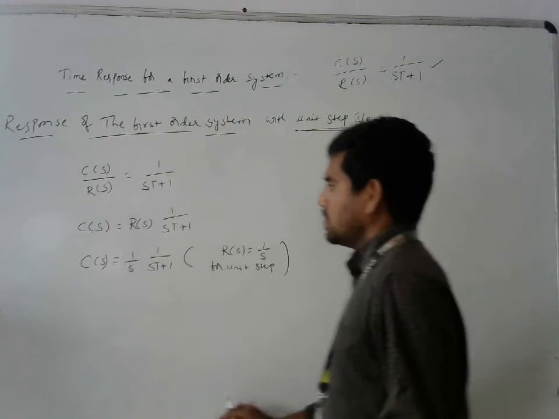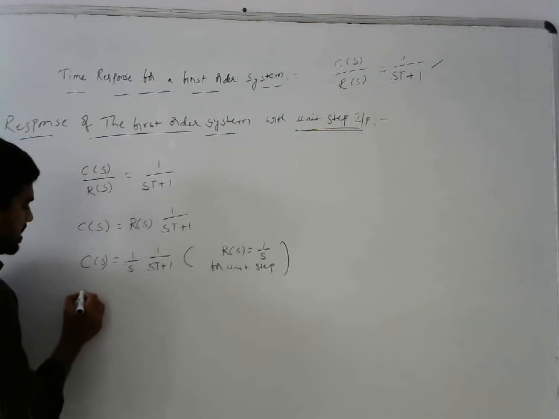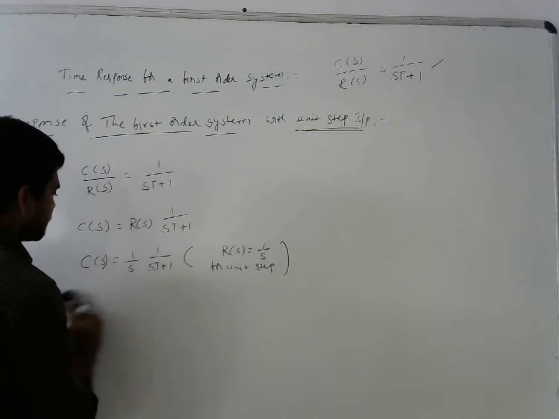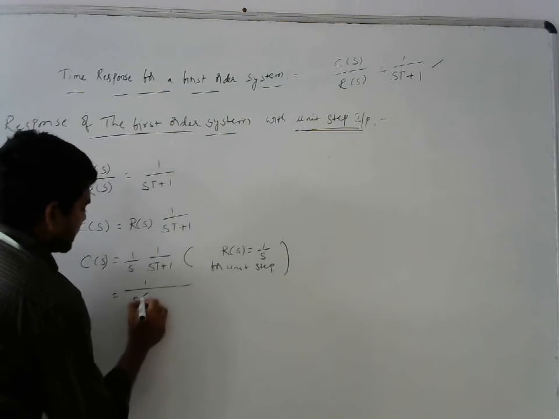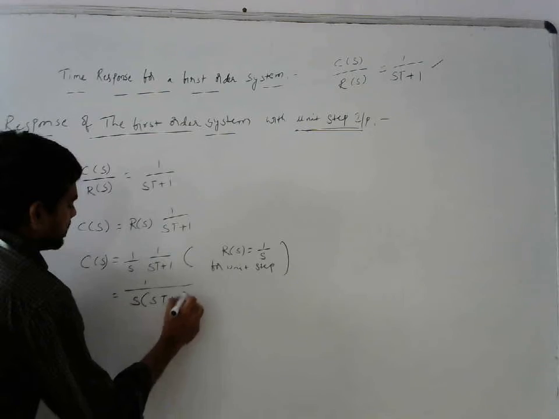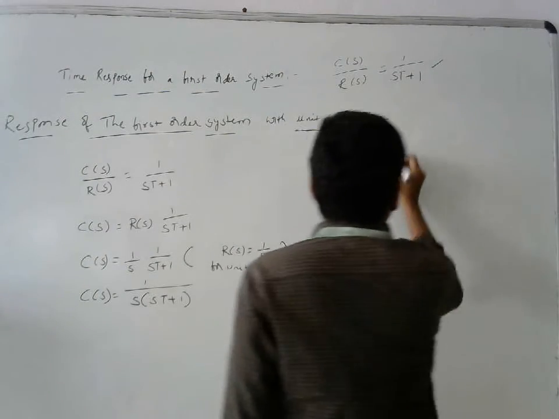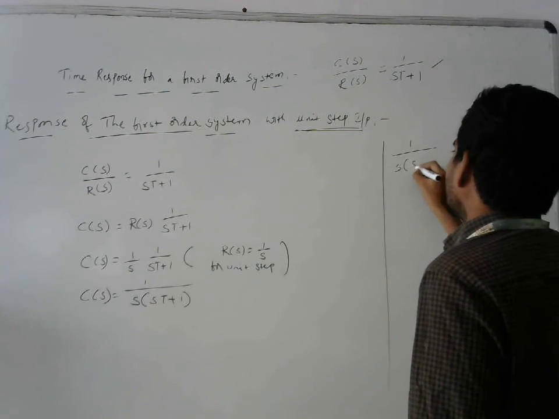Now what do we need to do? By applying partial fractions, C(s) is 1 divided by s into (sT plus 1).